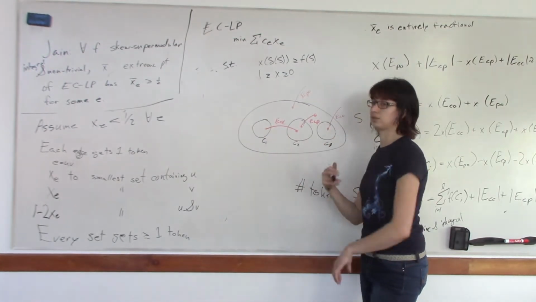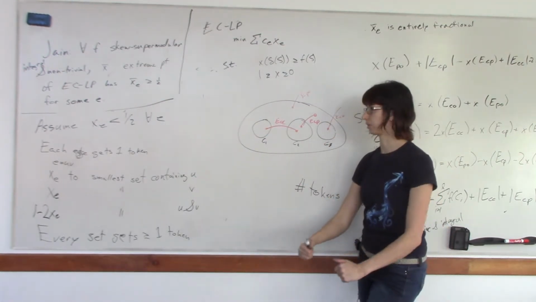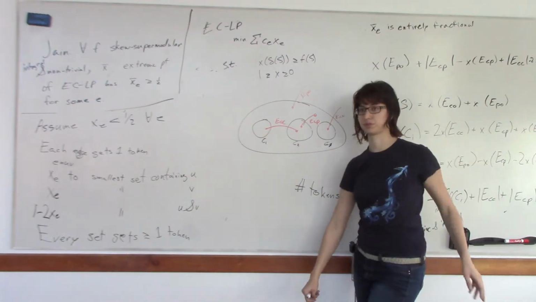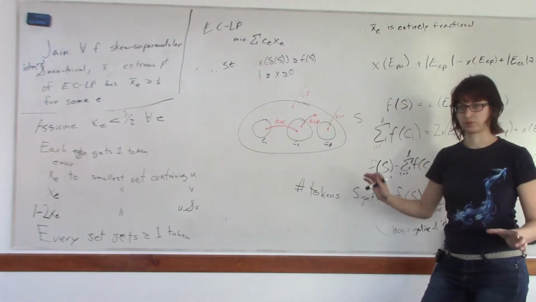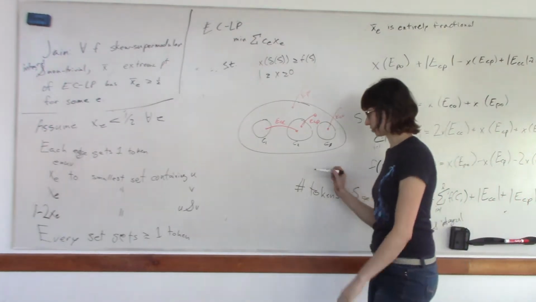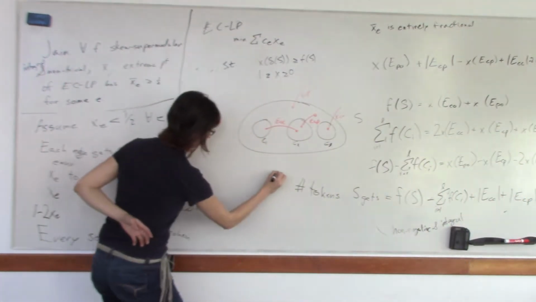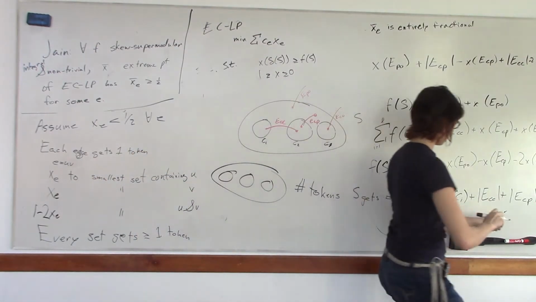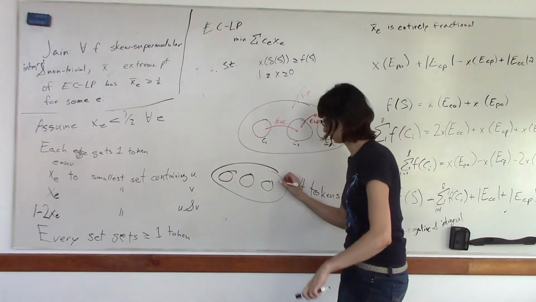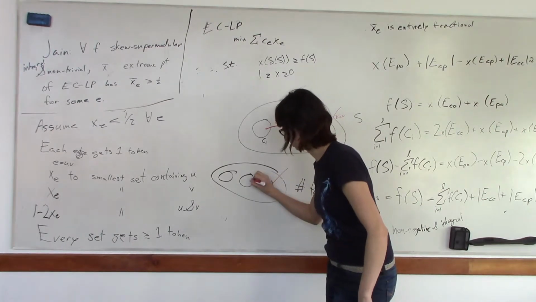So if we have ECC, we're strictly positive, we got our 1 token. If we have ECP, we're strictly positive, we got our token. If we have anything here, then we're strictly positive and we're good. So the bad case is if the only edges I have look like this.